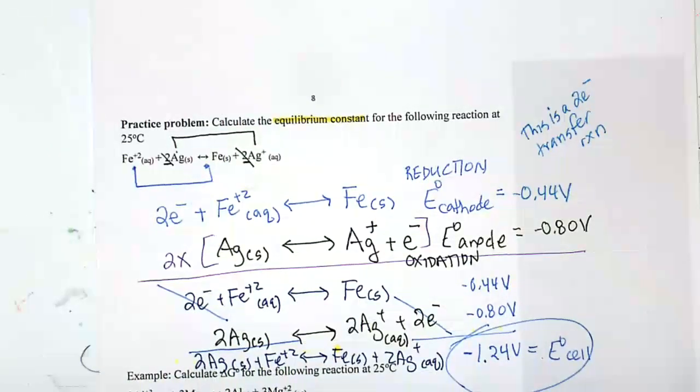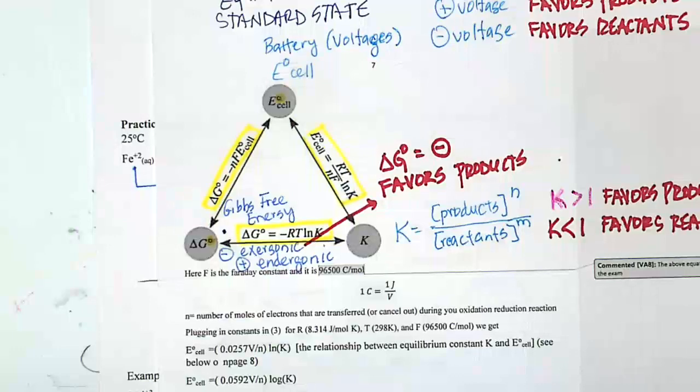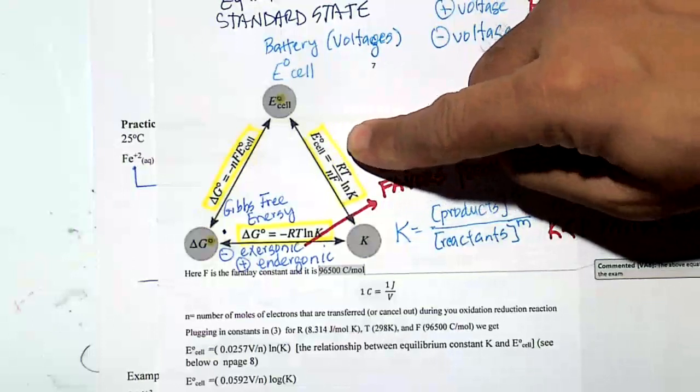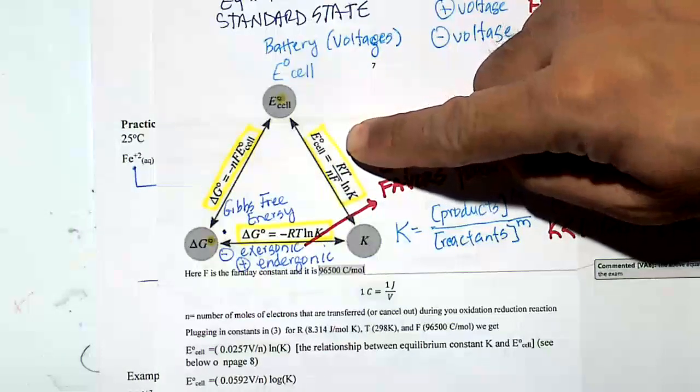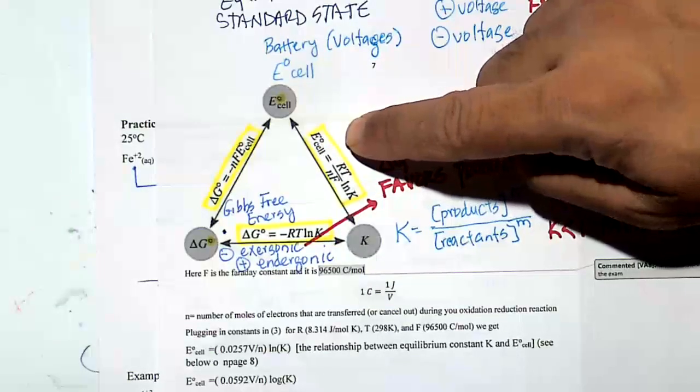All right, so you guys tell me, which equation shall we use? Okay, we'll use this equation. There's some constants in this equation that I will give to you on the exam.